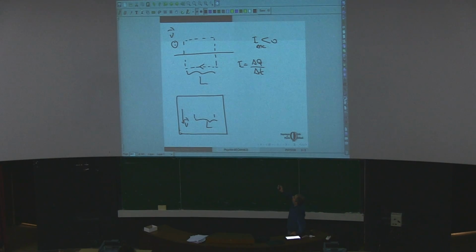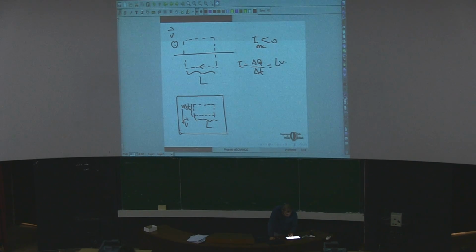So let's just take the time delta T. In that time delta T, this is, let's say, V delta T, all the charge within this rectangle passes through my loop. Because after a time delta T, this line will have moved to this point. All the charge in between these two lines will just pass through my loop. Now, what is the area of this rectangle?